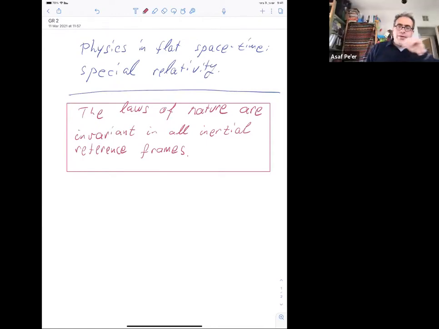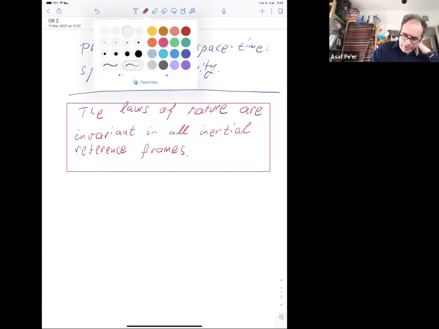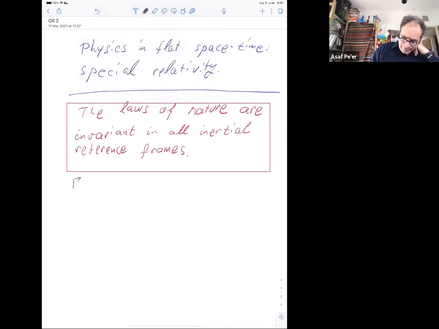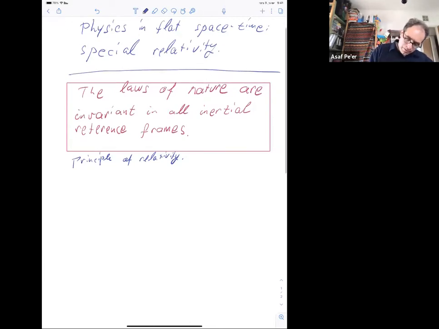So the experimental basis, as we said, well, let's write it down. So this is the principle of relativity. And the experimental basis, of course, is the experiment by Michelson and Morley, which shows that the speed of light is constant and equal to c in every inertial frame. So Michelson-Morley.